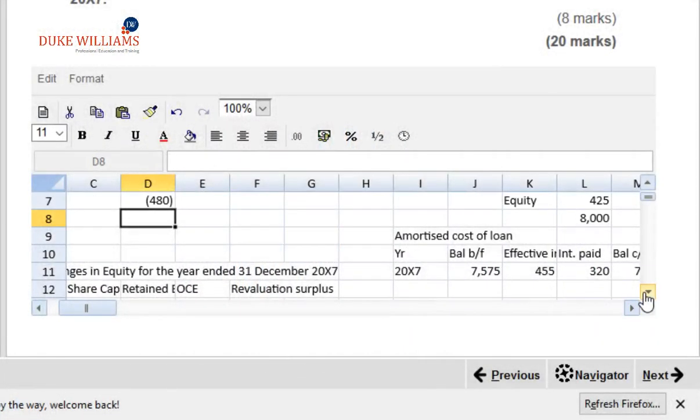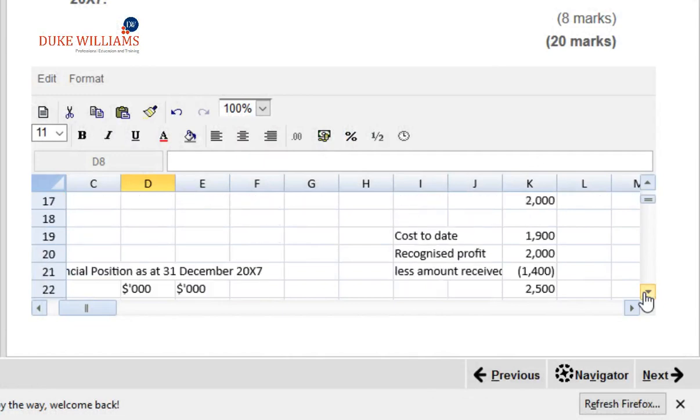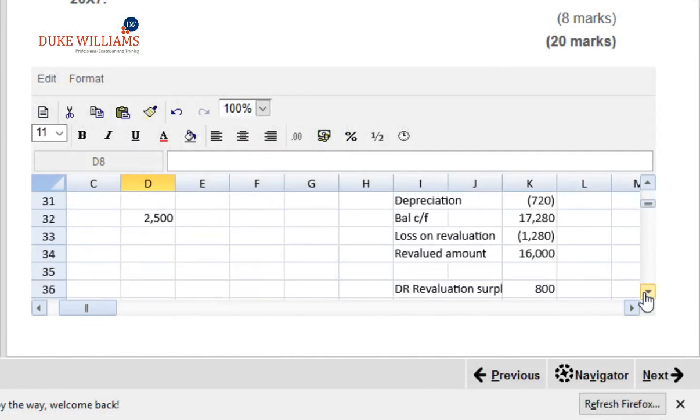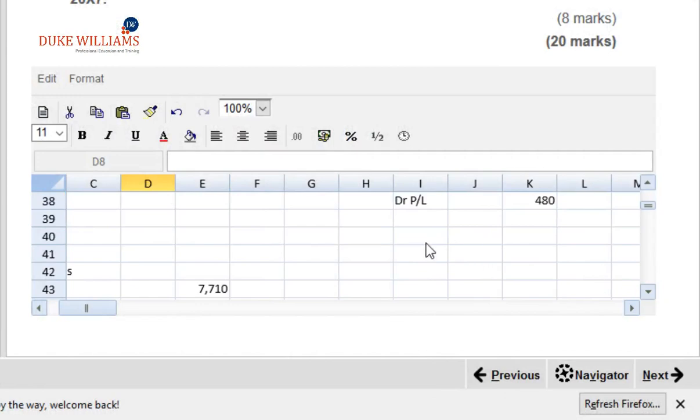So let's just build a journal workings here. That should be our workings 5. So inventory. Basically we would have to credit P&L, but in effect we will credit the cost of sales to reduce it.